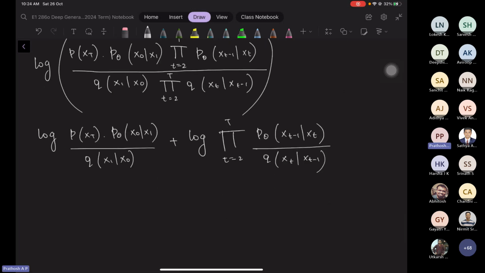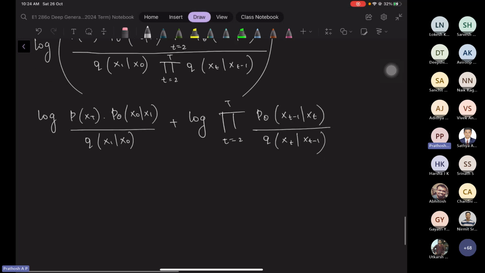This is simply the law of logarithms. Now what is important is the second term.